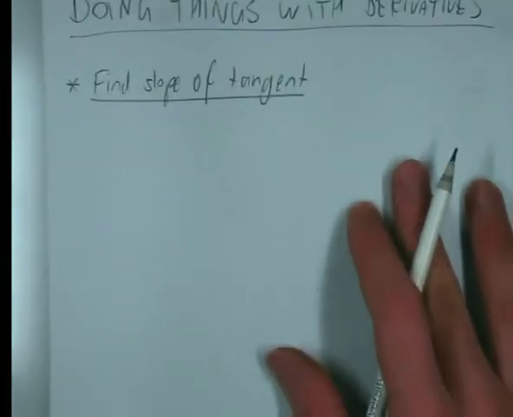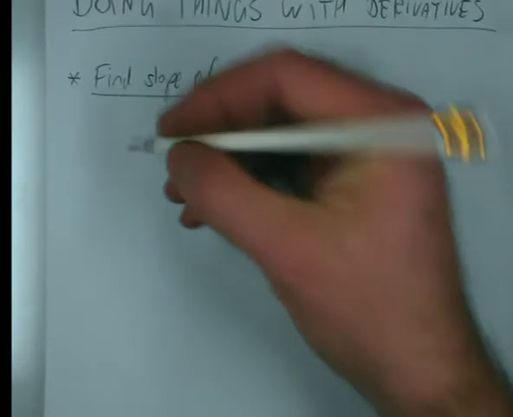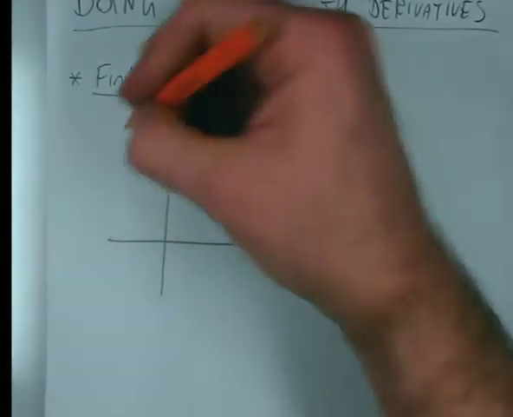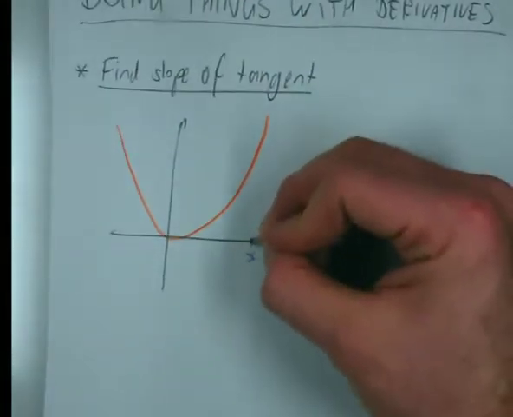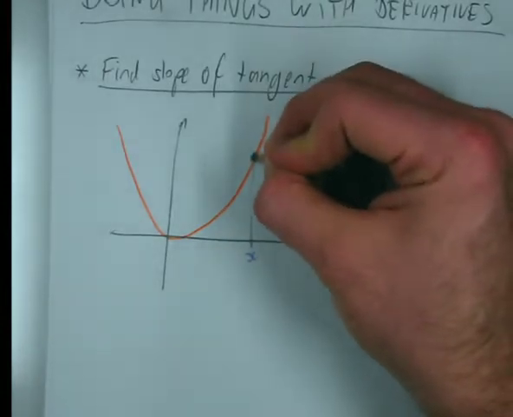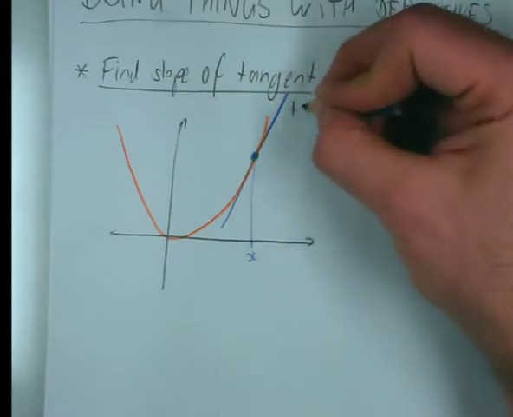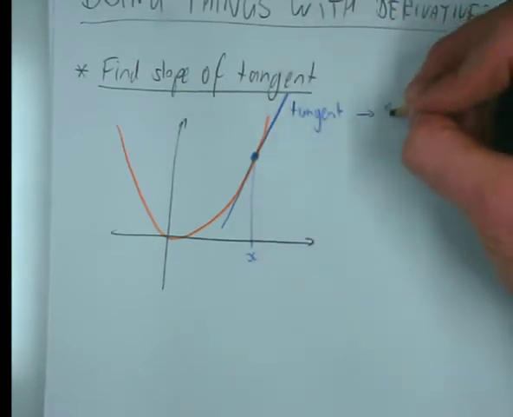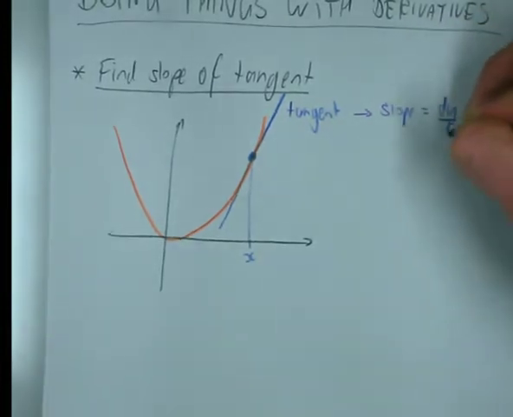And so the idea is that if we think of our derivative of our function as a graph, then at any particular x, I can go up to the function and I can draw a line like this, and that's the tangent. And the slope is dy on dx.